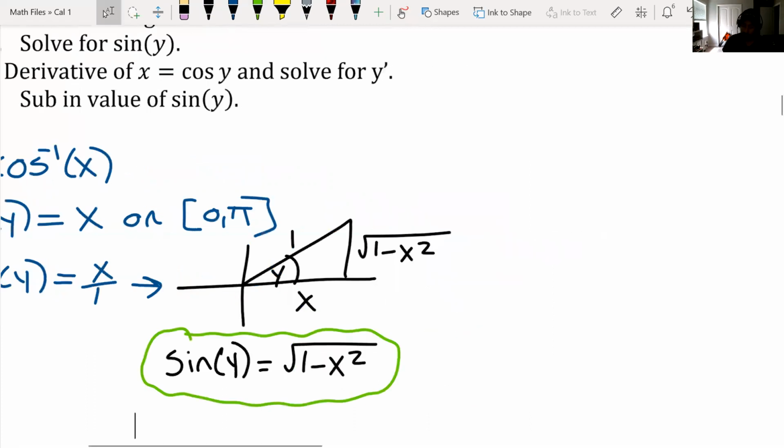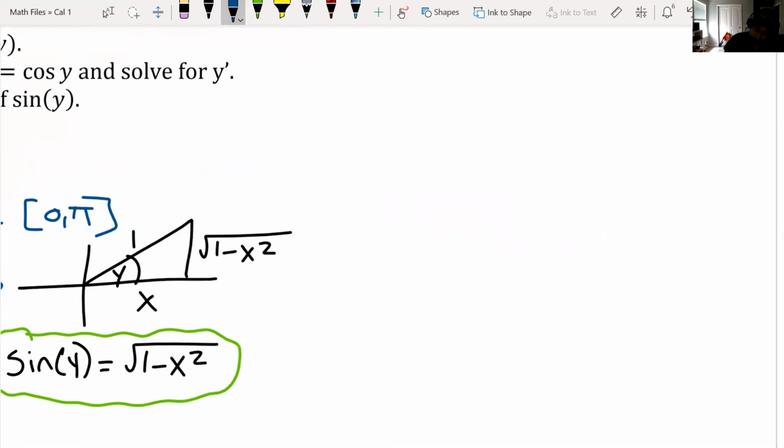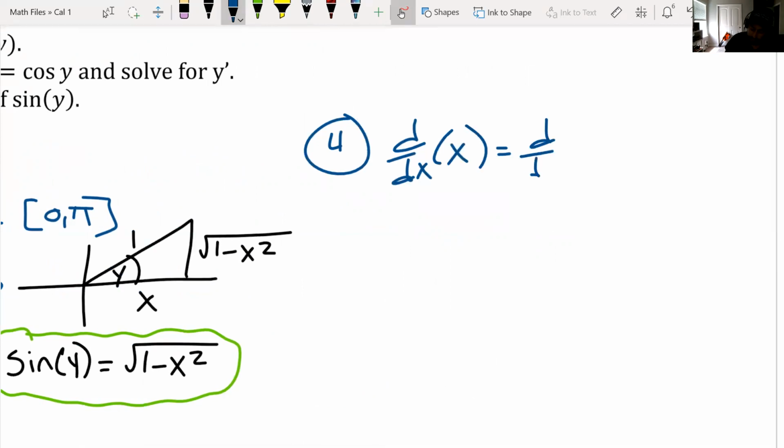Okay, 4, derivative time. d over dx of x equal to d over dx of the cosine of y. We get 1 equal to chain rule, implicit derivative.